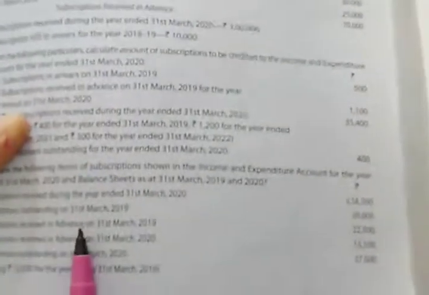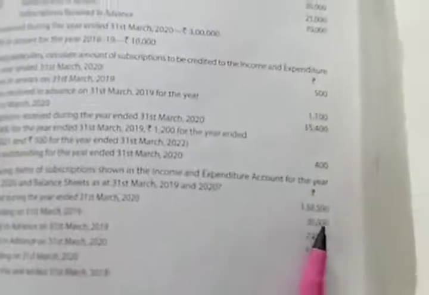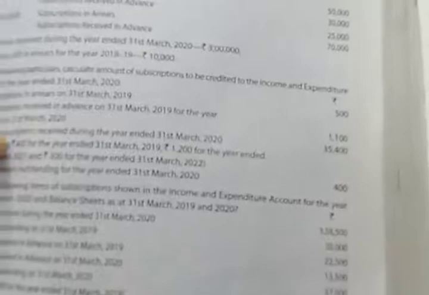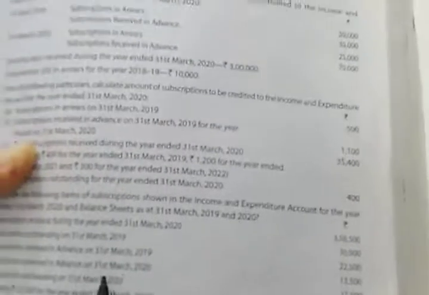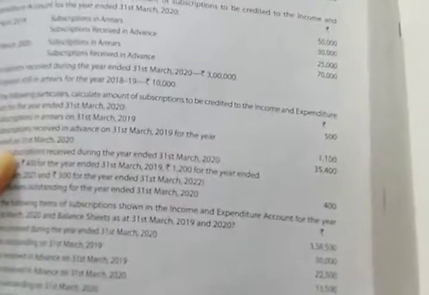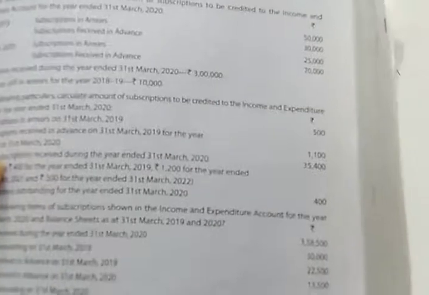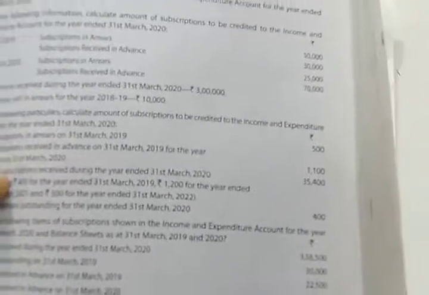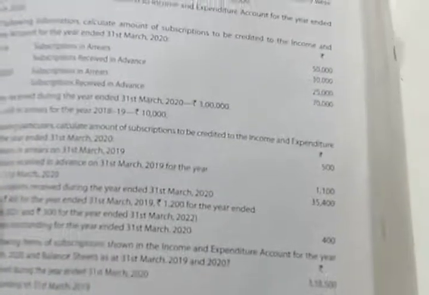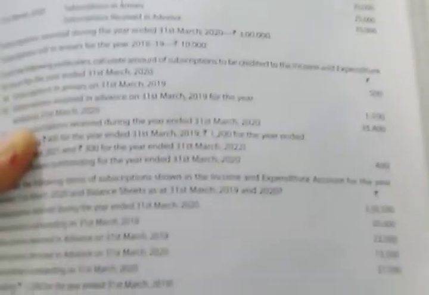Then subscription received in advance on 31st March 2019 is 22,500. Subscription received in advance on 31st March 2020, means at the end, is 13,500. Subscription outstanding on 31st March 2020 is 37,500 including 12,500 for the year ended 31st March 2019.